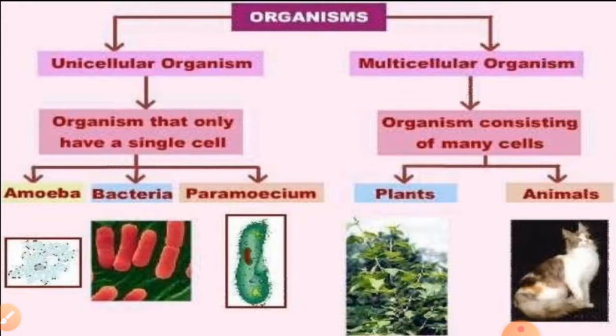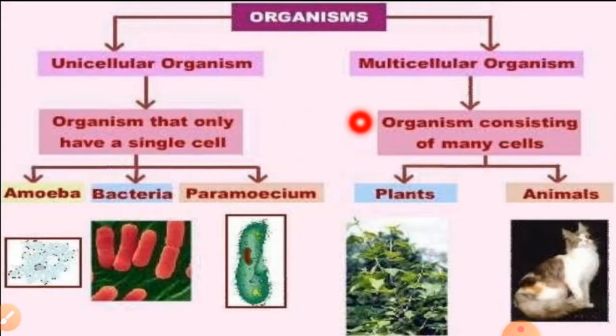Certain organisms have only one cell in the whole body, and these are called single-celled or unicellular organisms. Uni means one or single, so it is unicellular.